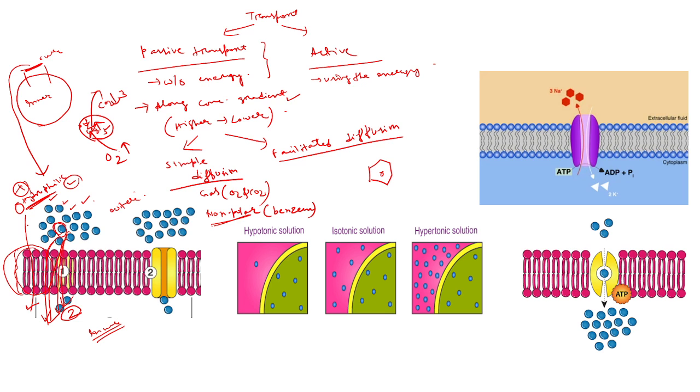That's why the hydrophilic molecule cannot pass, but the hydrophobic molecule can pass through the layer. So gases, oxygen, carbon dioxide, any gases, and the non-polar molecule, that means the hydrophobic molecule, can pass through the plasma membrane from the higher concentration to the lower concentration.